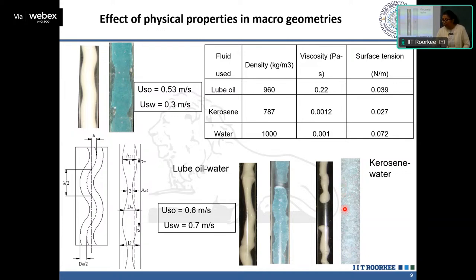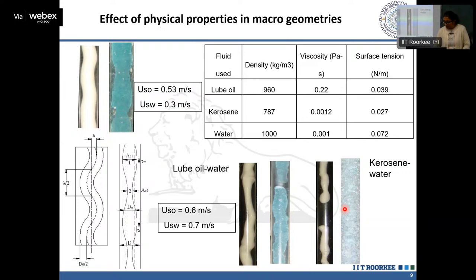Kerosene-water interfacial tension is much lower than that of lube oil and water. So what happened here is that we have observed dispersed flow, but that is not observed in this case. Okay, so both the effects of viscosity and interfacial tension are there in macro geometries.